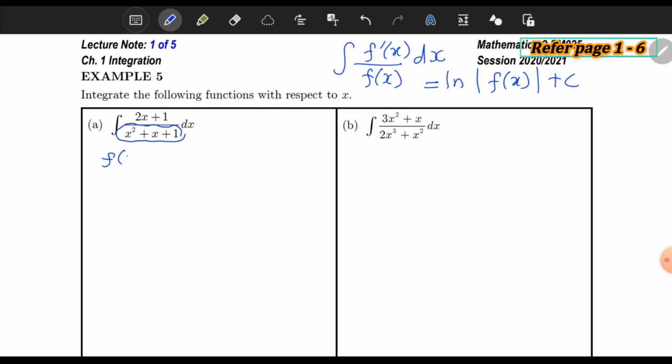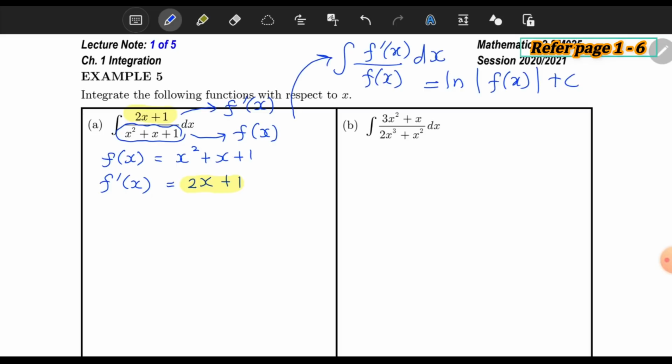We let fx equal x squared plus x plus 1. Then f prime x equals 2x plus 1, which is exactly the same as the numerator. So this is actually your f prime x, and the denominator is fx. So we can apply the rule.